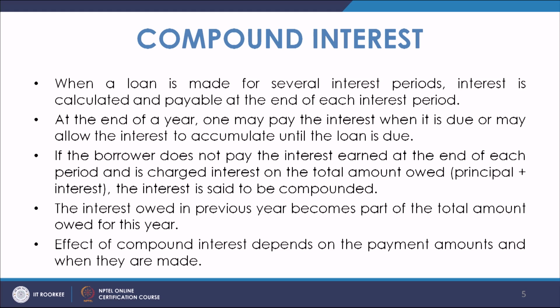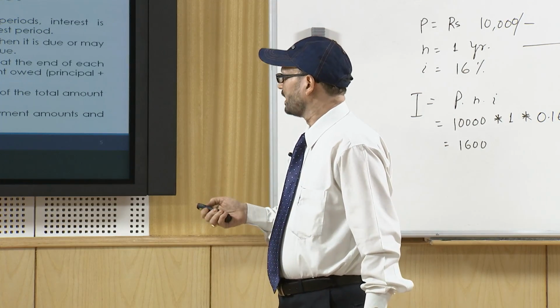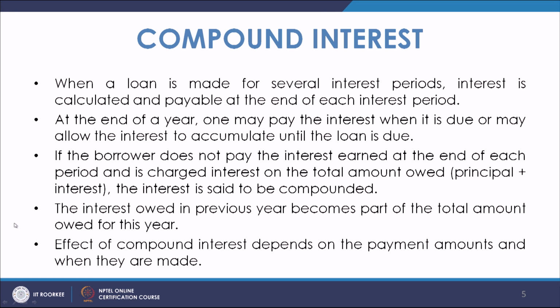If the borrower does not pay the interest earned at the end of each period and is charged interest on the total amount owed, that is principal plus interest, this is known as compounding of the interest. The interest owed in the previous year becomes part of the total amount owed for this year.